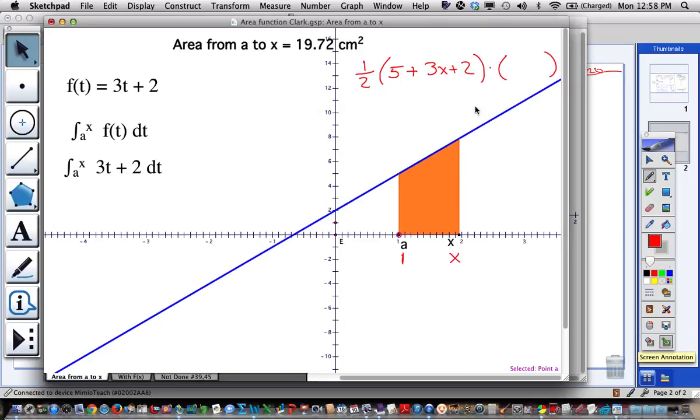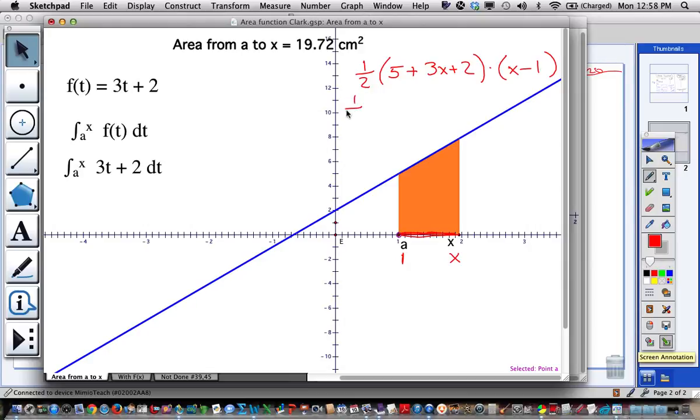Right? That's our left parallel base and our right parallel base of our trapezoid. Times the height, which is down here. That would be x minus 1. That is correct. That would be x minus 1 because the distance between here is those two subtracted. Okay? x minus 1.